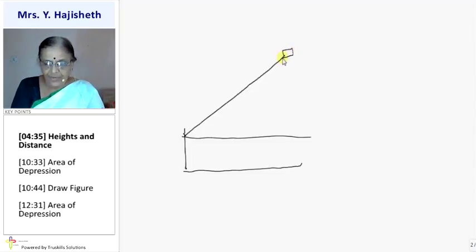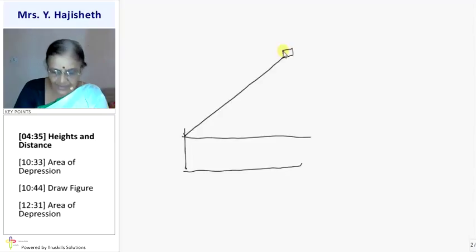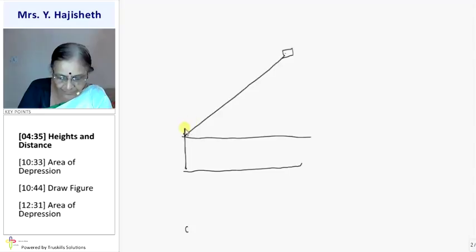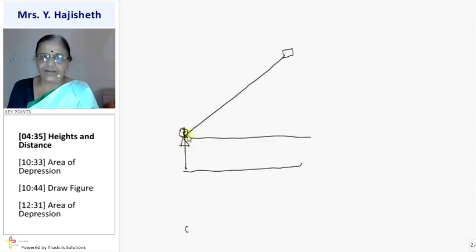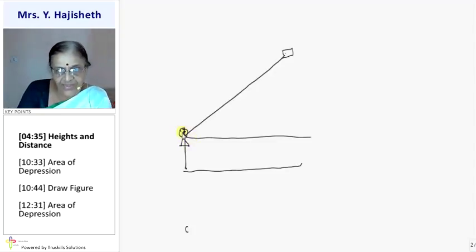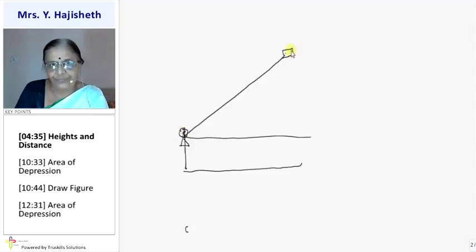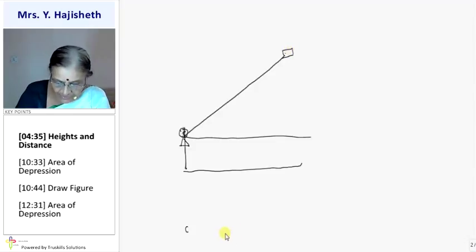Okay, this is your object, and here a person is standing. From his eye, he observed this object. So this line we call a horizontal line.